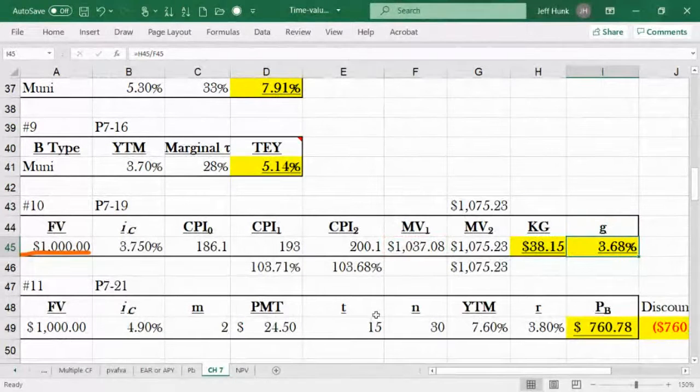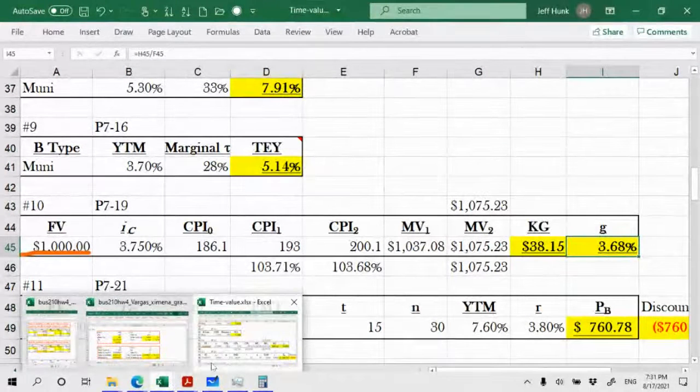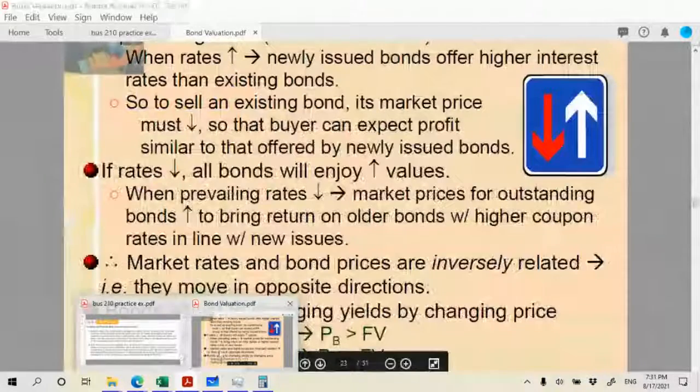Currently in this example, there is no coupon assumed. And of course that could be possible, because there are zero coupon bonds. If this is a zero coupon bond, that perfectly fits that scenario. Okay. All righty.